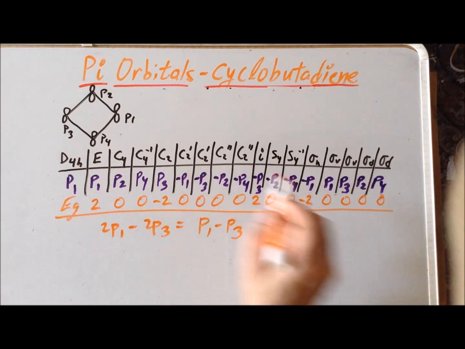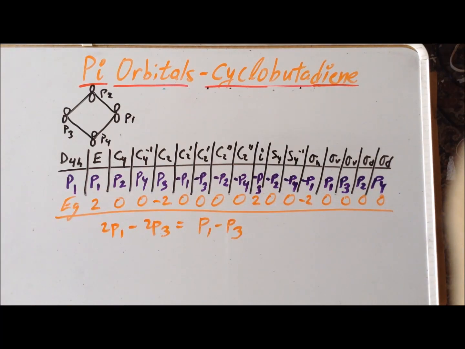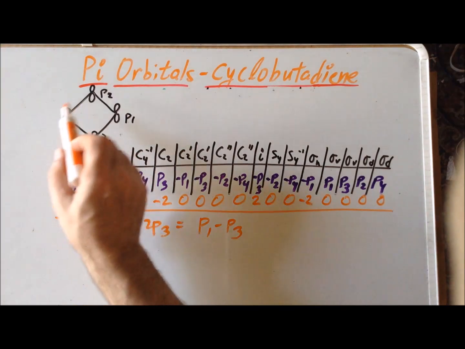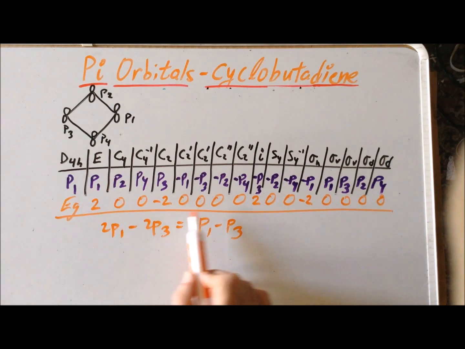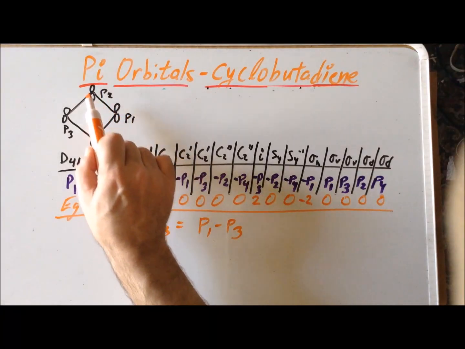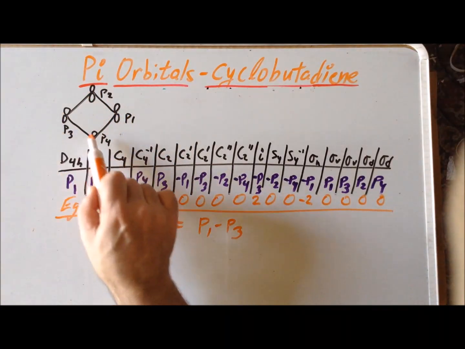So if we had the case of D3H, we have a complicated procedure to find the other member of the degenerate pair. So we apply the same procedure here, but it works out in our favor because the reason why we have degeneracy in this system in the first place is because we have a C4 rotation. If we apply C4 to this particular term, P1 goes to P2, minus P3 goes to minus P4.